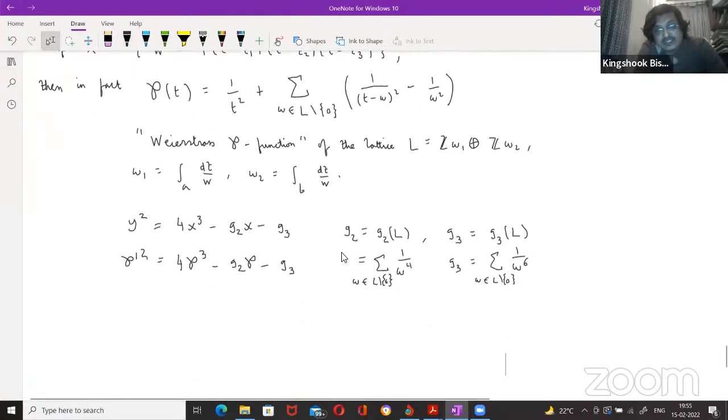So if I look at lattices in C, let me look at script L, equal to the set of lattices L in C. So I can multiply any lattice by a non-zero complex number to get a new lattice. So C star acts on this set of lattices. Okay. And so what is the quotient, L modulo C star?